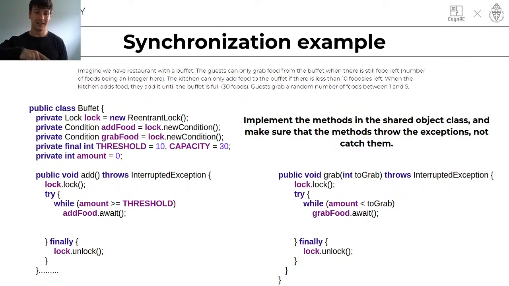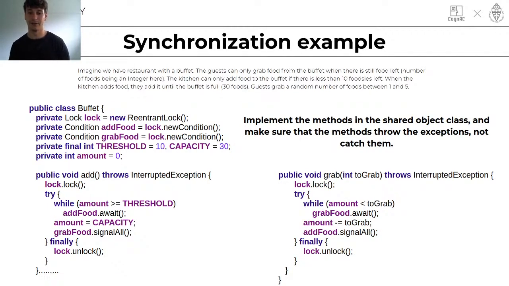So for adding the food, while amount, which is the current amount of food, is bigger or equal than threshold, we call add food wait, essentially saying that the kitchen needs to wait. On the other side, while the amount is lower than to grab, so when there's not enough food for what the person wants to grab, we say grab food dot await.